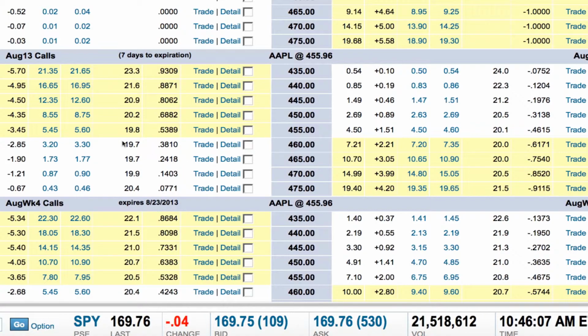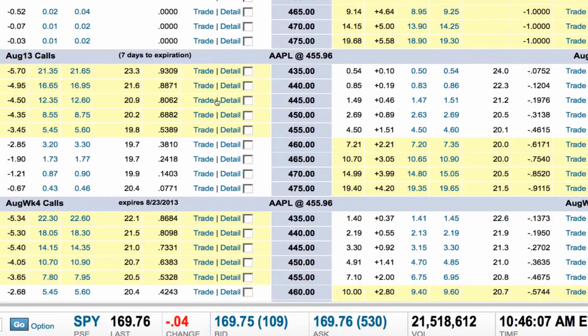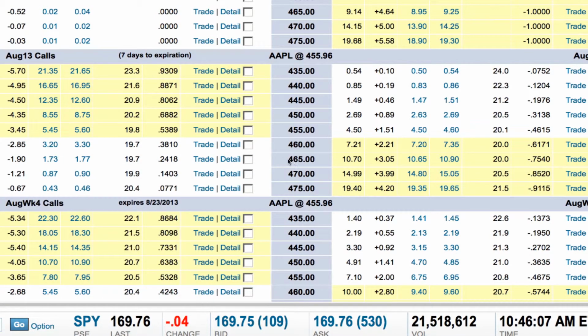Now remember, if I go back to my slide, we said out of the money options have no intrinsic value. That's because they're not in the money and they can't be exercised for a profit, right? If I own the 465 call, that gives me the right to buy Apple stock at 465. There's no profit in buying Apple at 465 right now because it's selling on the open market for 455.